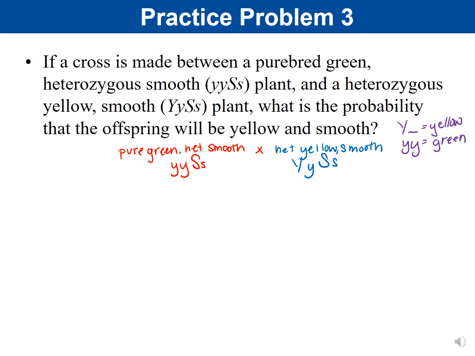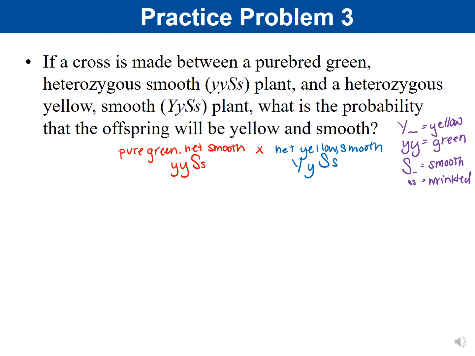And smooth, so the seeds being smooth, would be big S something. And little s is going to be wrinkled. That just helps me keep track of what I'm looking for.